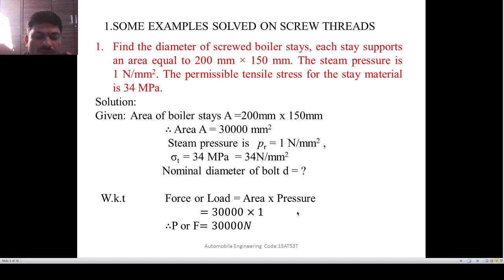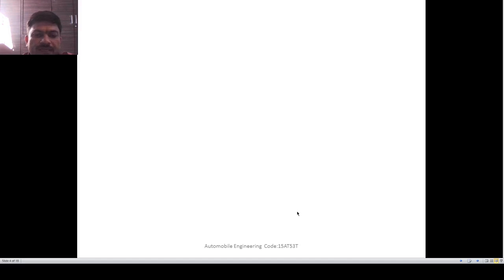Once you have found the value of this load, we know that when bolts are subjected to tensile loading, it is given by an equation, so we use that equation to solve the problem. Screw threads subjected to tensile loading are given by P is equal to pi by 4 dc square into sigma t.